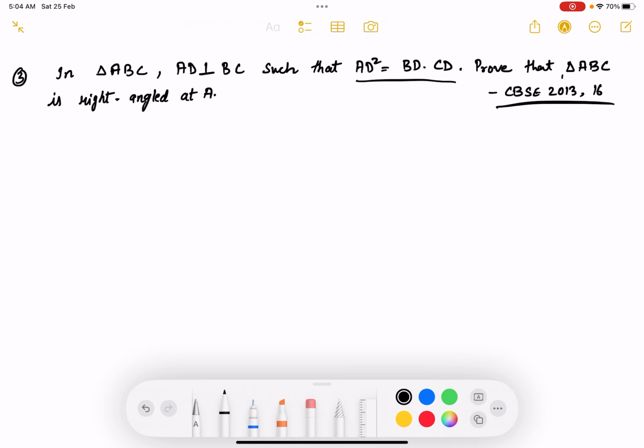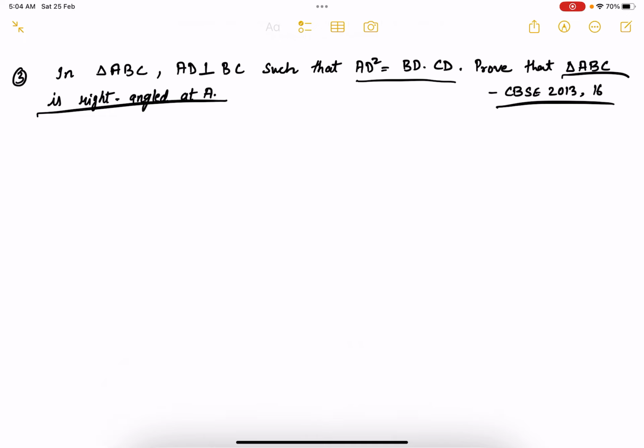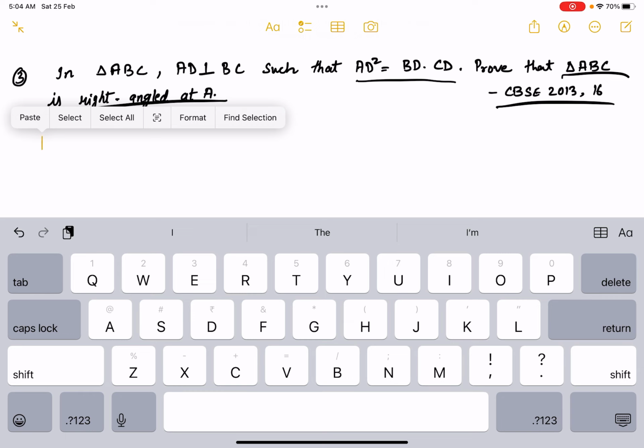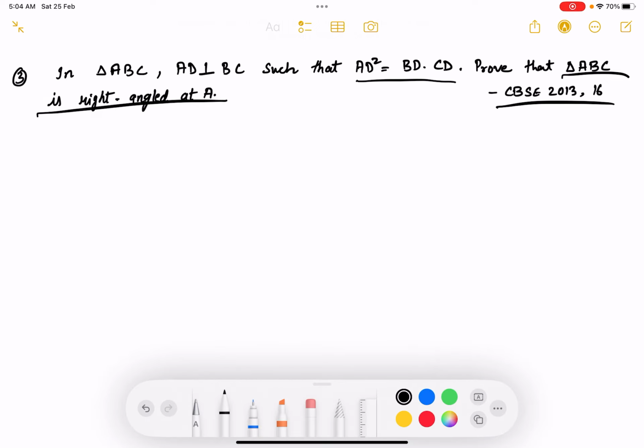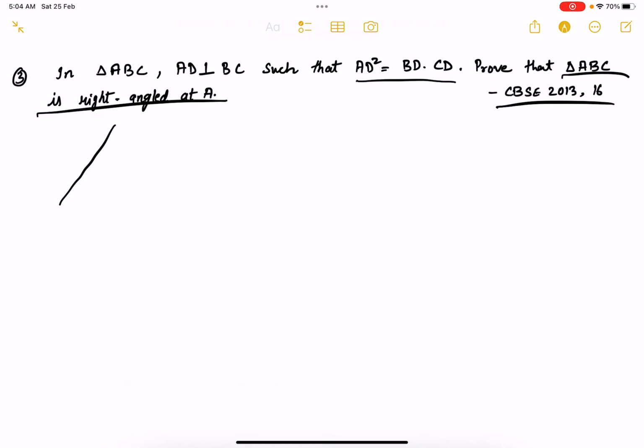We have to prove that triangle ABC is right angled at A. This is just the converse of question number 2, which we have seen. So let's make the diagram for this question.